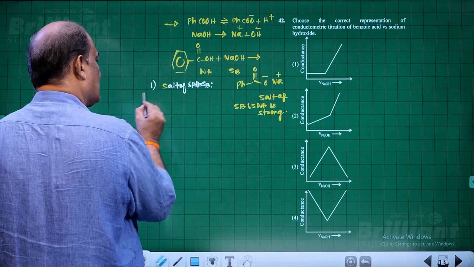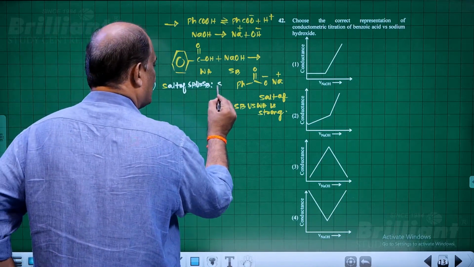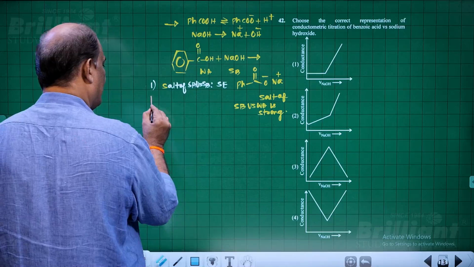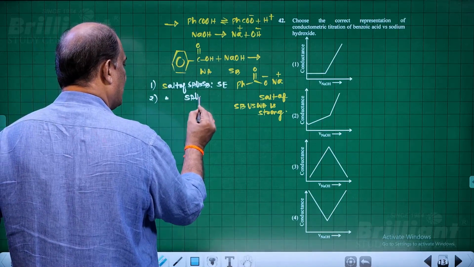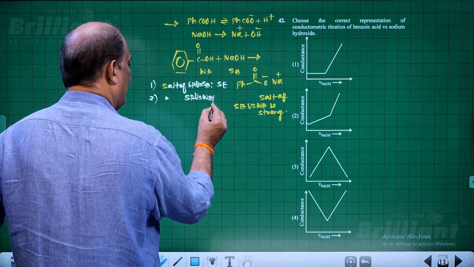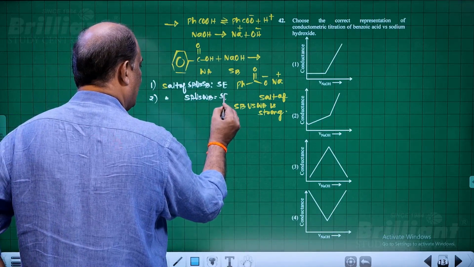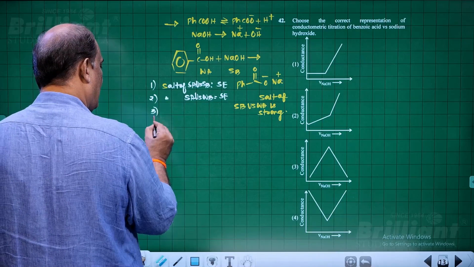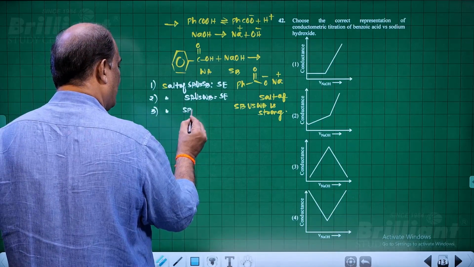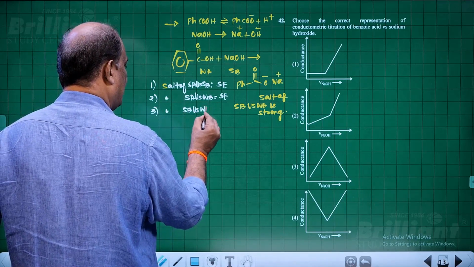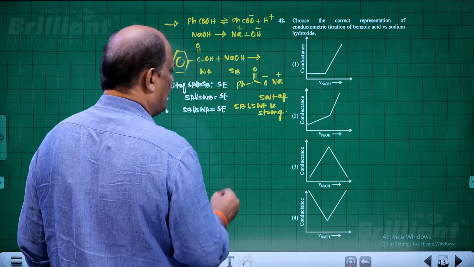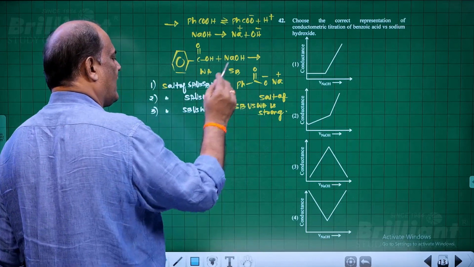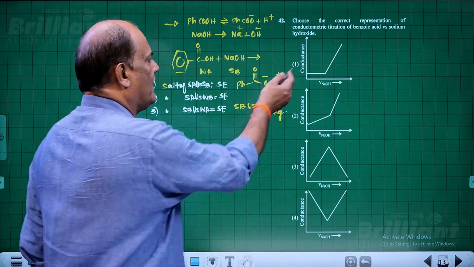Salt of strong acid versus strong base, strong electrolyte. Salt of strong acid versus weak base, strong electrolyte. Salt of strong base versus weak acid, strong electrolyte.